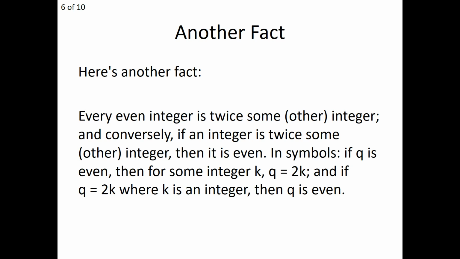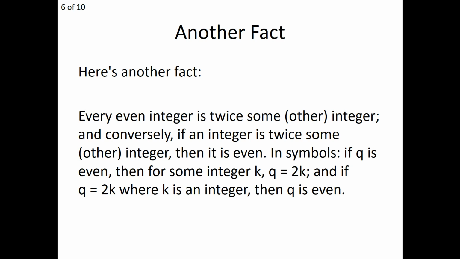I could express that as 2 times 3. Well, 3 is an integer, so it's twice another integer. And the converse is also true. If an integer is twice some other integer, then it's even.